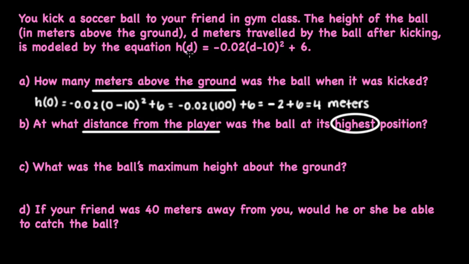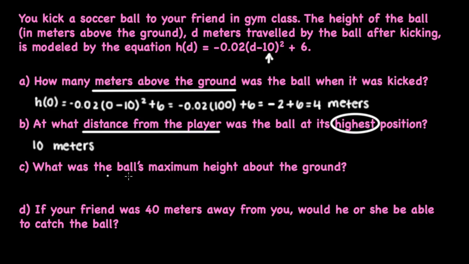Here, we are given the equation in vertex form, which is convenient because we can look at where the value of h is 10, which means that the ball was at its highest position 10 meters from the player.